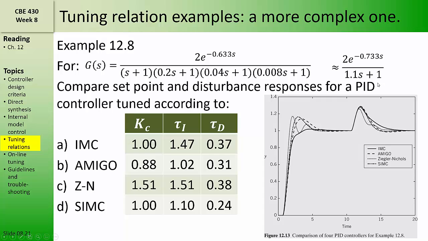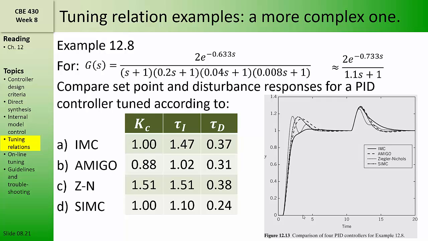Now, although we approximated this higher order transfer function as a lower order transfer function for the purpose of tuning the controllers, the response is modeled using the full process transfer function and the controllers that were obtained using the approximation.